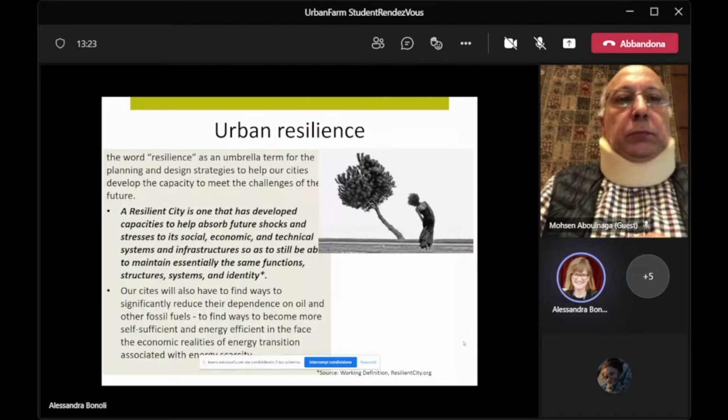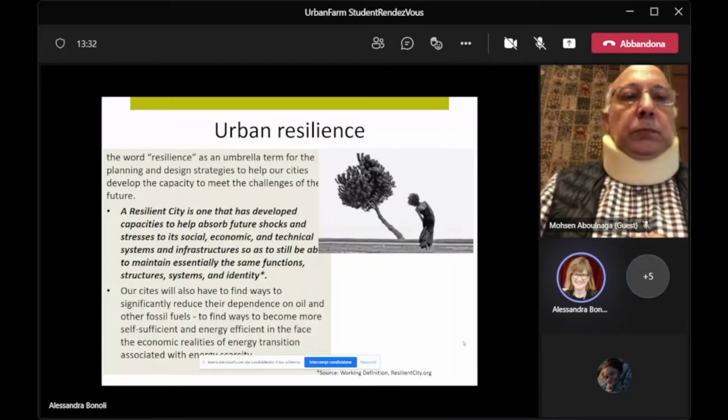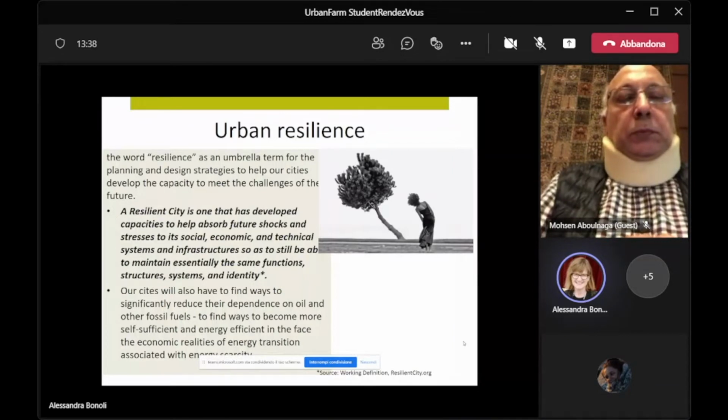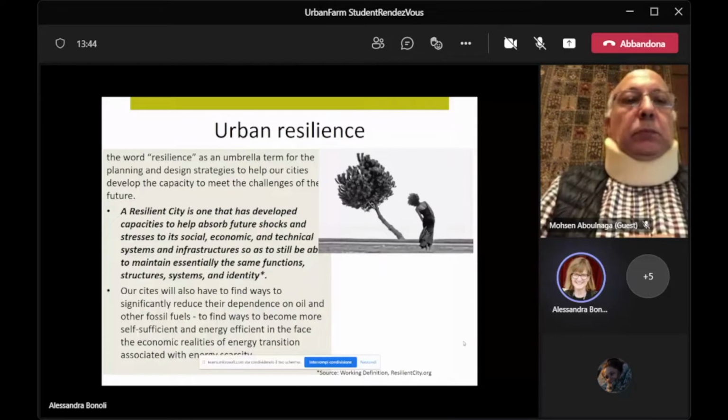The term resilience is used also in ecology as the capacity of an ecosystem to tolerate disturbance without collapsing into a different state, and also in a human social system, with quite the same meaning.